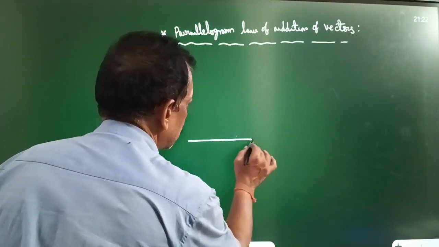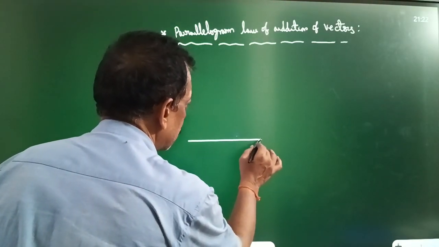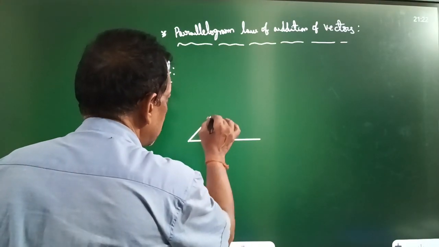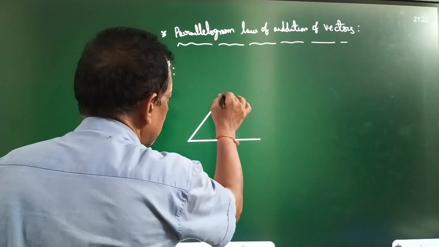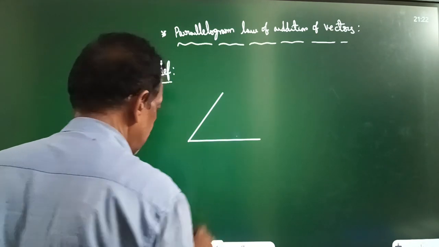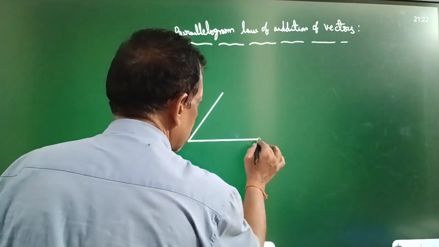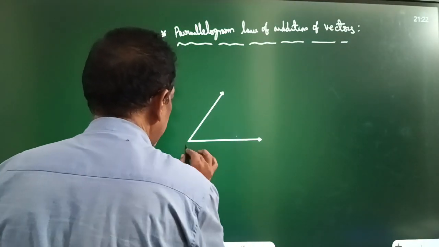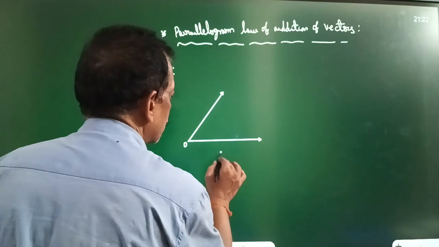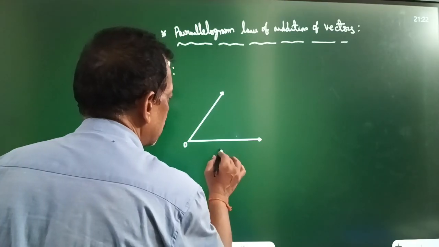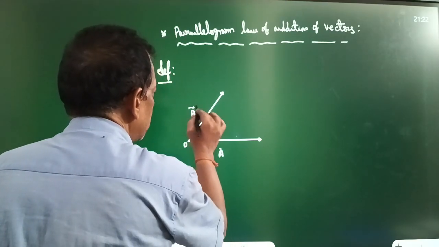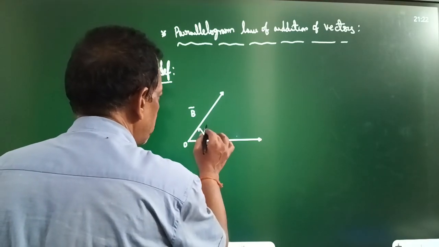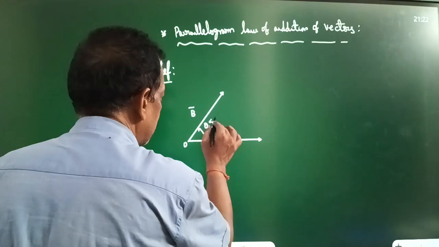Now two vectors. This is the A vector. This is the B vector. Point of action is say O. I call this the A vector, and I call this the B vector, which makes an angle of theta. Theta should be less than 90.